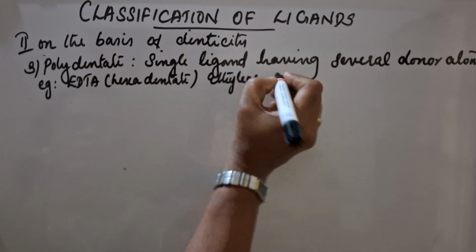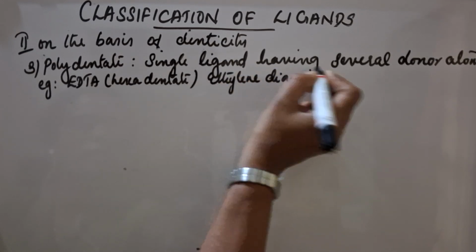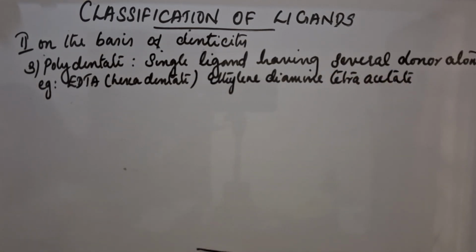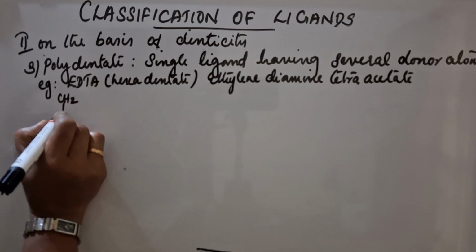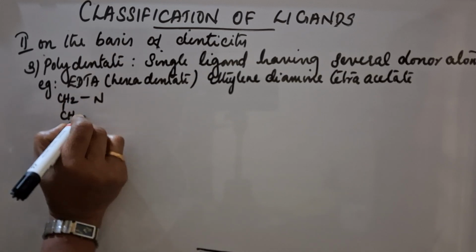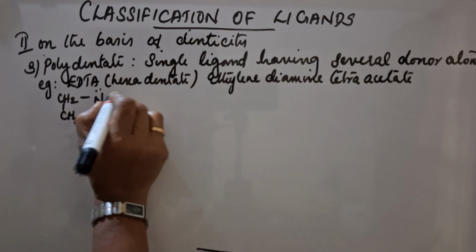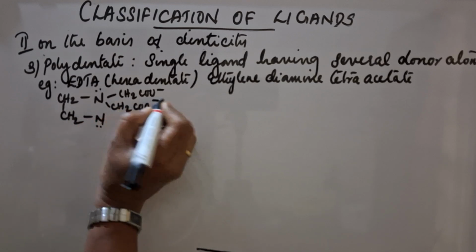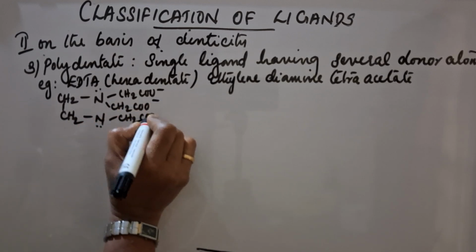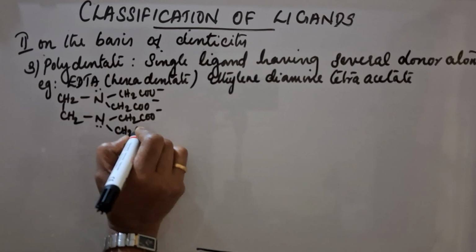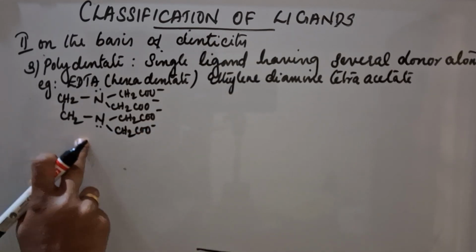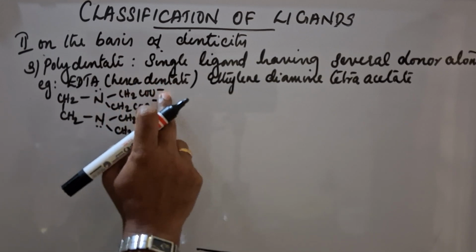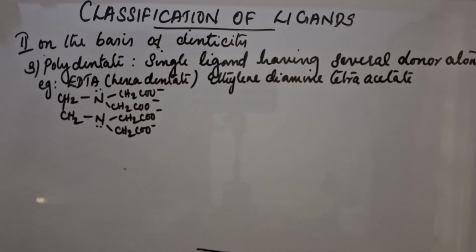Ethylene diamine tetraacetate. Coordinate bonds are formed from two nitrogen atoms and these four CH2COO minus groups. So six coordinate bonds are formed with the central atom.